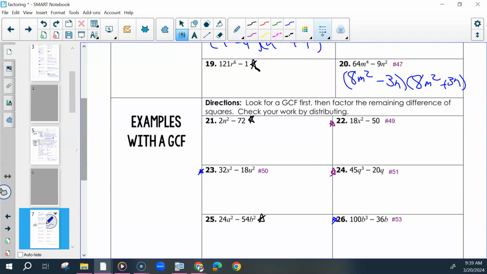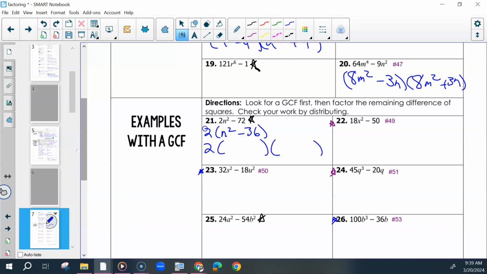So I know that I can divide both of these by 2, leaving us with n squared minus 36. Then you have to look at, could I do anything else with this? Could I factor out another GCF, or could I use the method I just learned, difference of squares? Here, this is difference of squares. So I would separate that into 2 factors.